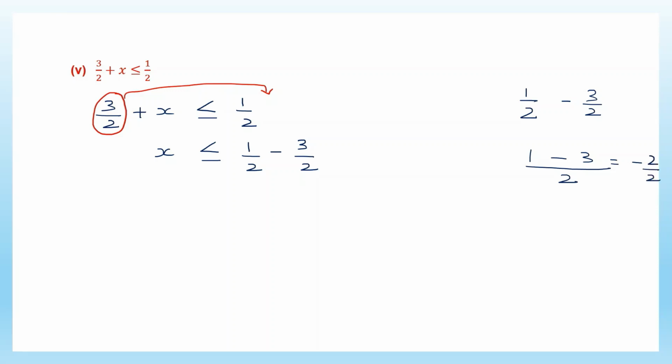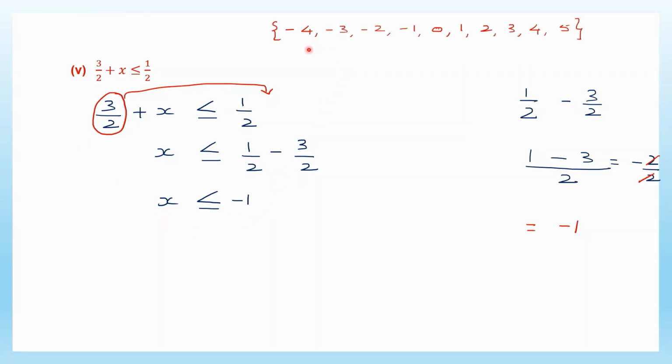Minus 2 by 2. Now you can cancel the numerator and the denominator because both are 2's. So finally we have minus 1. So let's write that down here. So x is less than or equal to minus 1.